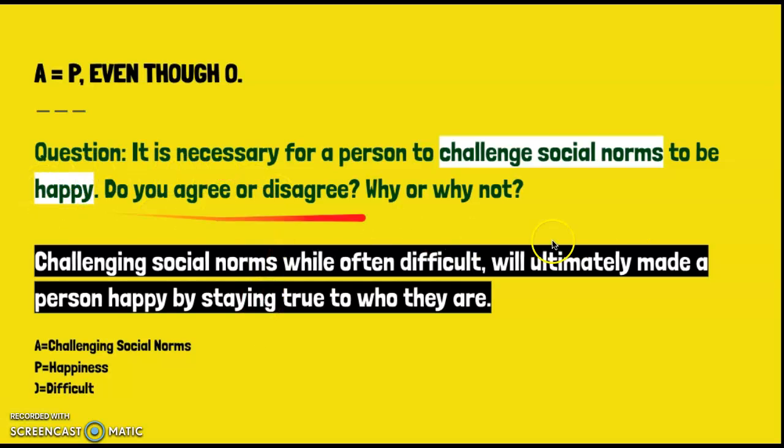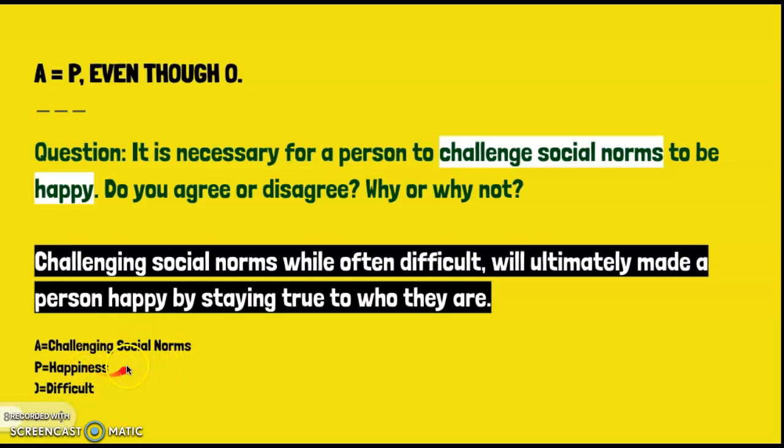So, same question that we had before: it is necessary for a person to challenge social norms to be happy. Do you agree or disagree? Why or why not? Challenging social norms, while often difficult, will ultimately make a person happy by staying true to who they are. So A equals challenging norms and P equals happiness.